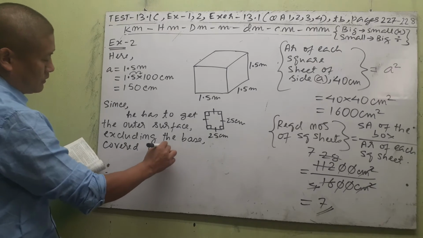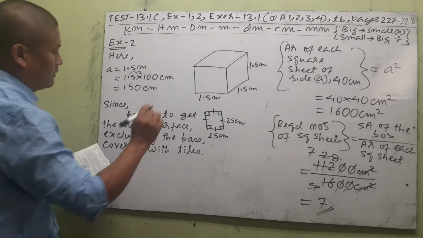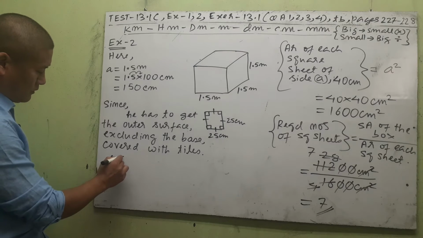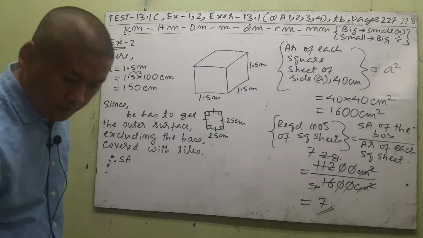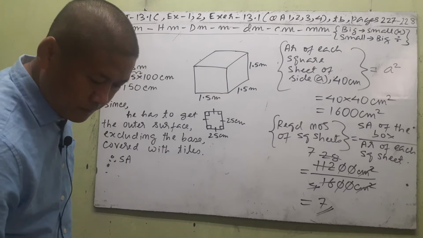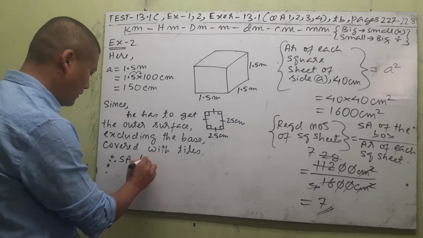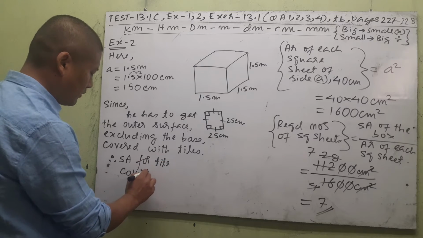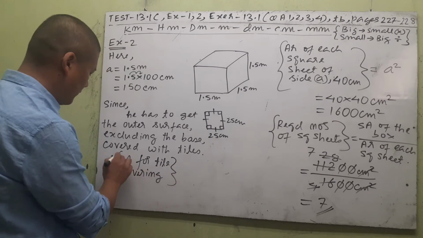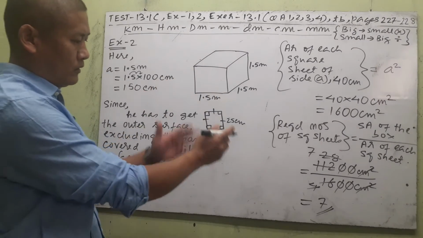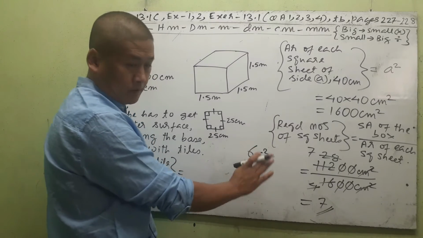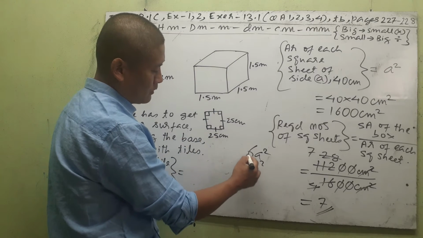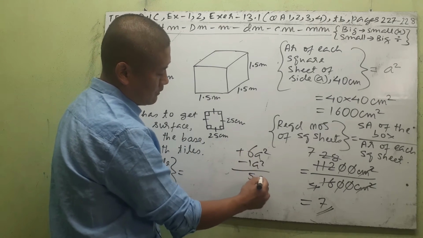Therefore the surface area for tile covering, where you're going to put the tiles, will be, we know that the total surface area is 6a square including the floor, and the floor area is a into a, so minus a square, means 5a square.